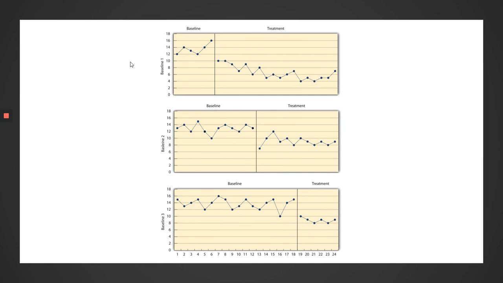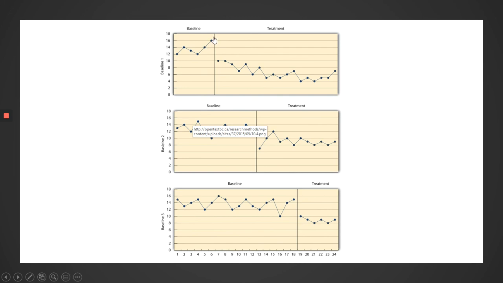But let's just say that we have 6 people in our single subjects research design. You can see that we have different baselines here that we expose people to. And so we could set up our study so that 2 people in our study have this type of a baseline.